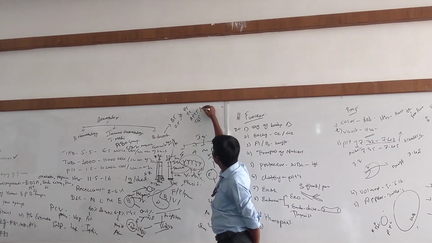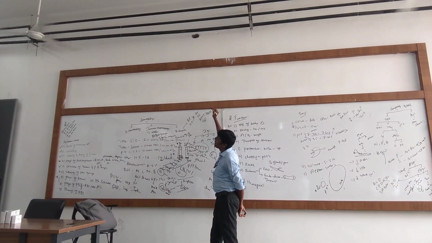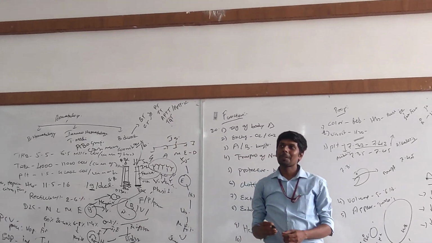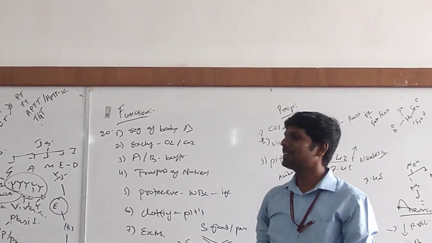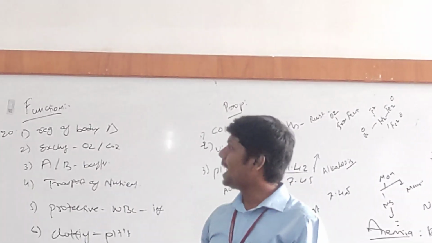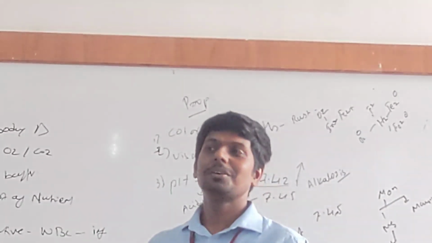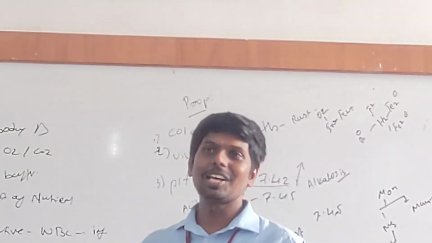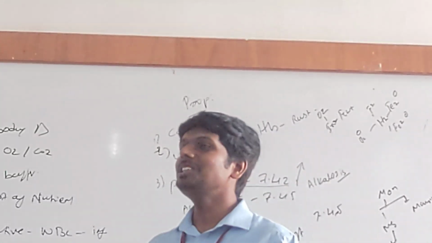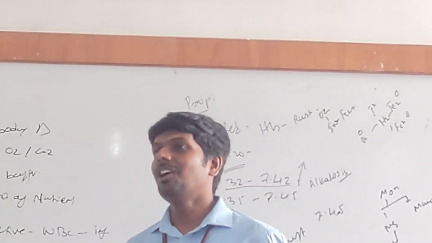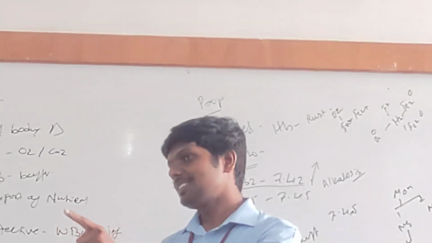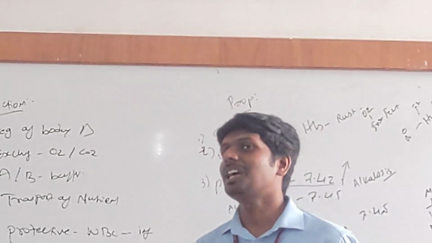Write down these test names. Prothrombin time, thrombin time, activated partial thromboplastin time, and the thrombin generation test.